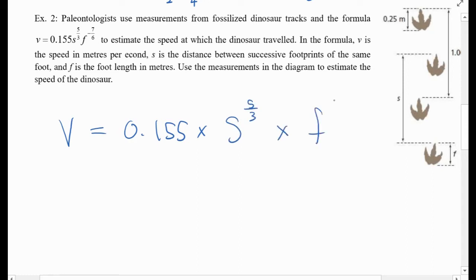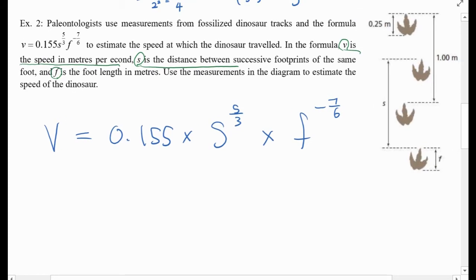All right, and so here it says in the formula v is the speed in meter. S is the distance between successive footprints of the same foot, and F is the foot length in meter.